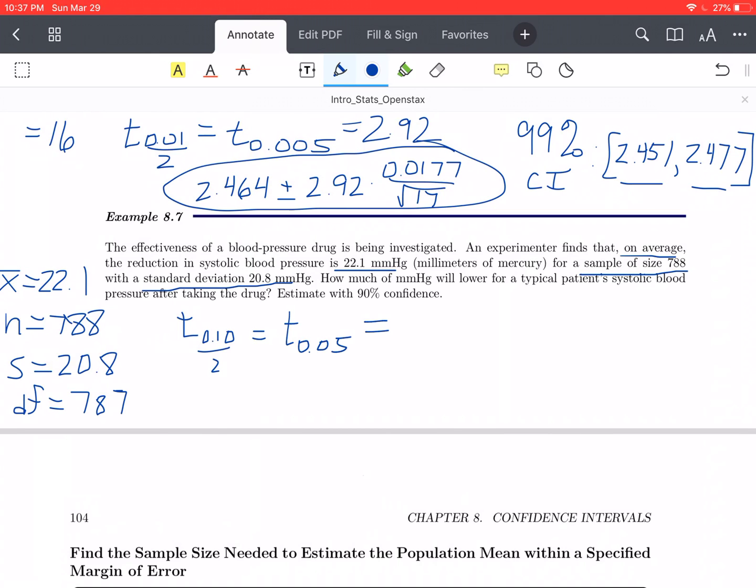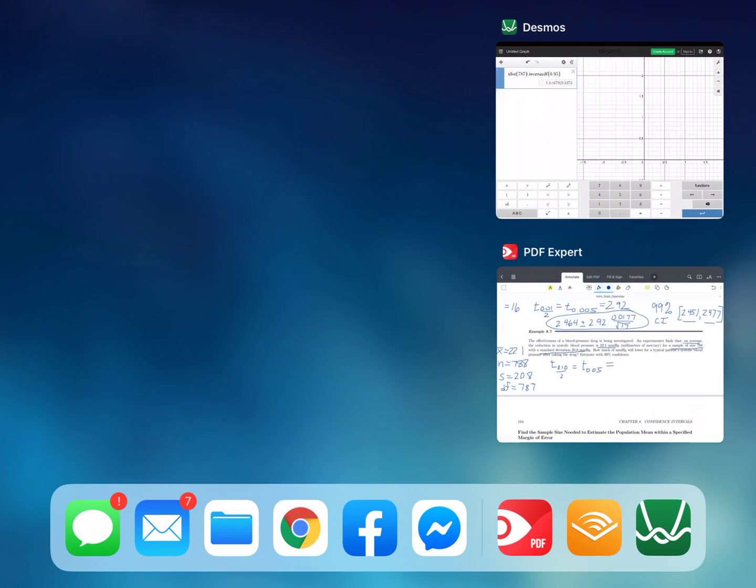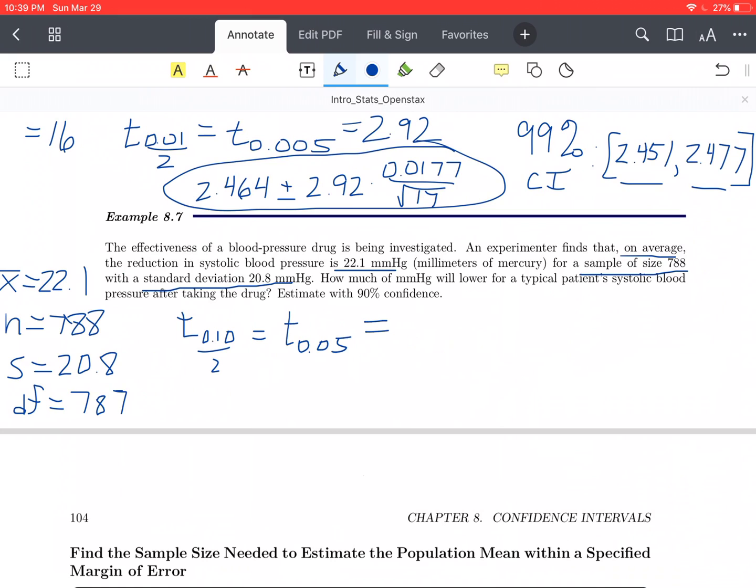So let's find that. We have 787 degrees of freedom, and we're looking at the area to the left being 0.95, right, because the alpha over 2 value is 0.05. That would give us a t-score of approximately 1.65.